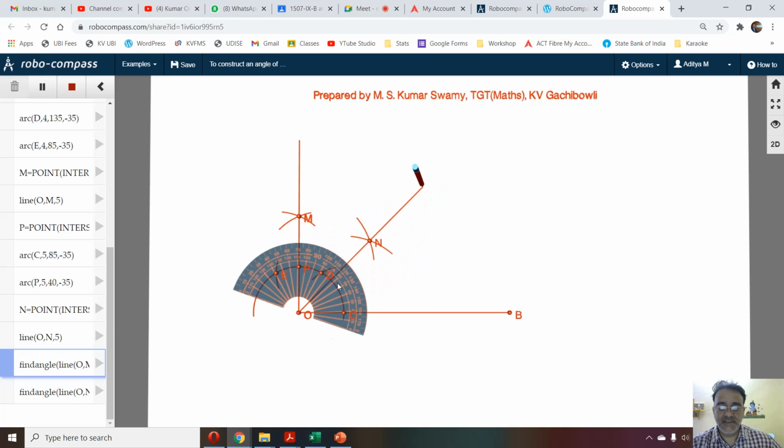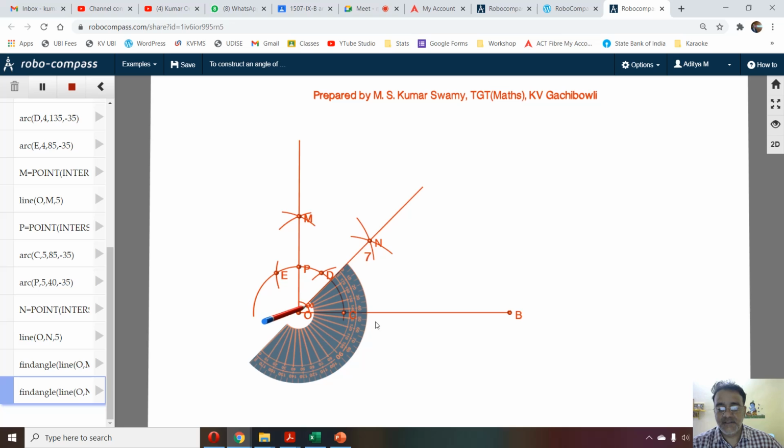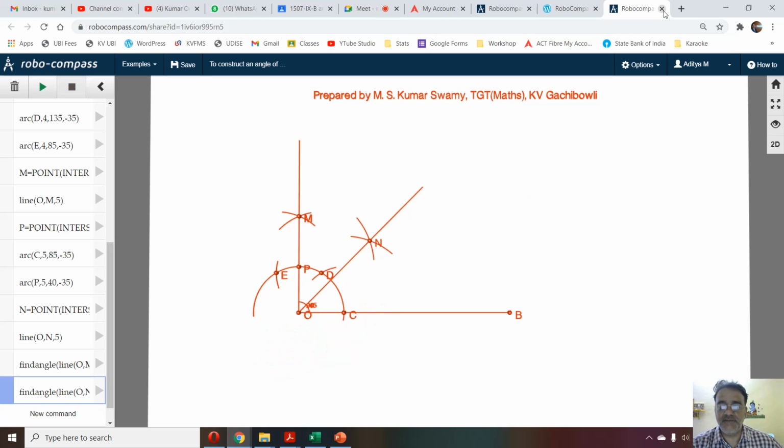So this is the required 45 degrees. पहले तो पूरा 90 degree था, 90 degree का half किए, so we got 45 degrees, right? So this is the construction of 45 degrees.